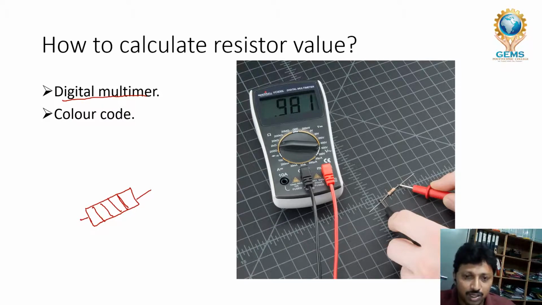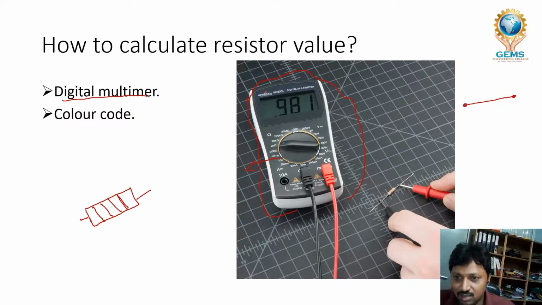So how are you going to find it? This is the digital multimeter. Here you see this is a beep, and you just check the connectivity of any conductor. Suppose this is a conductor.